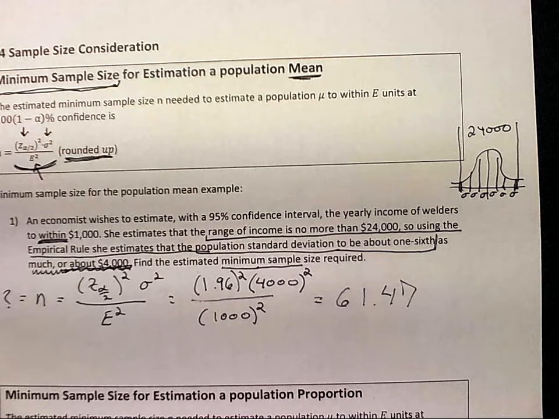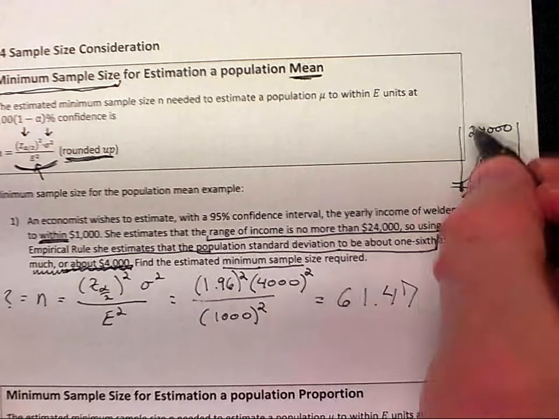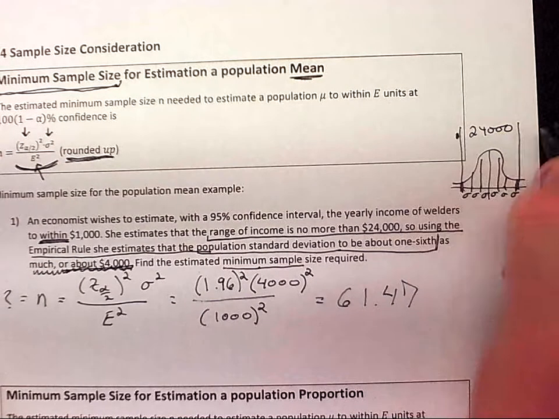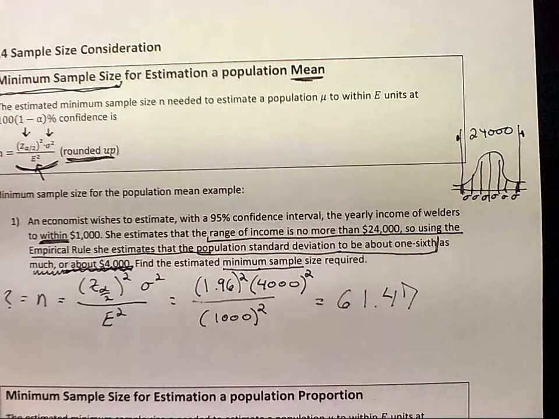So technically, we should have a tiny little bit of this 24,000 hanging over on this side and a tiny little bit hanging over on that side. So therefore, our standard deviation should be, oh gosh, is it going to be a little bit less? It's going to be a little bit less than 4,000.